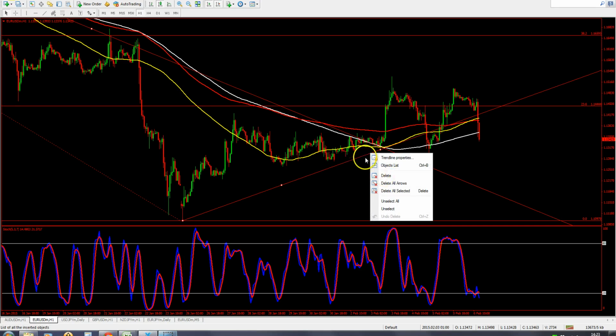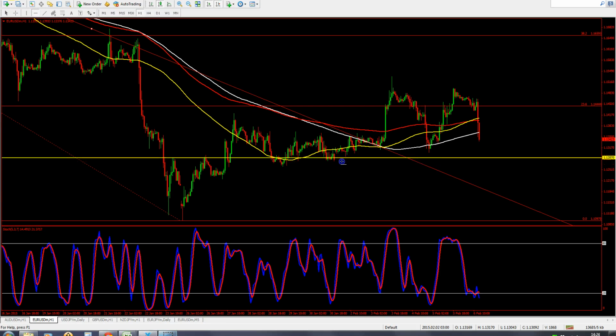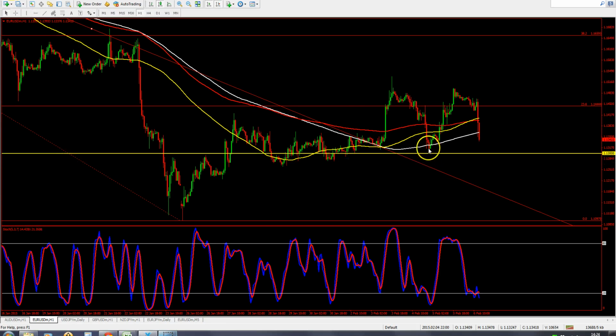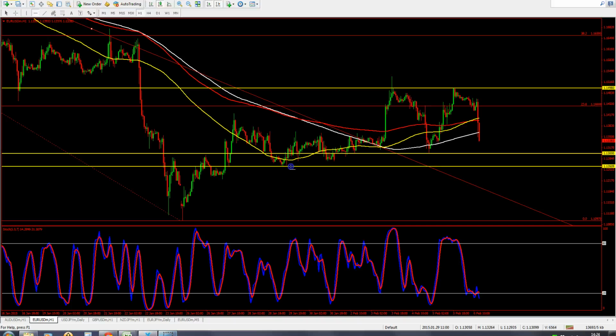It could be a mix of the trend lines or the moving averages or the support and resistance levels, as in the support and resistance horizontal lines. So that's why we do a mix of the 3 or 4, because there's many varying factors that come into play.